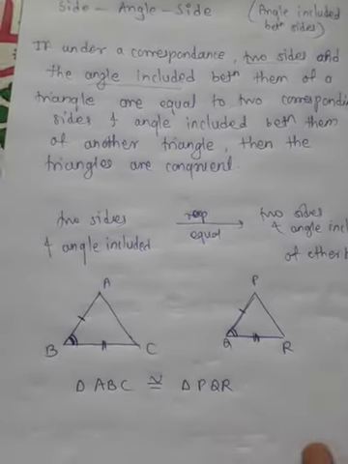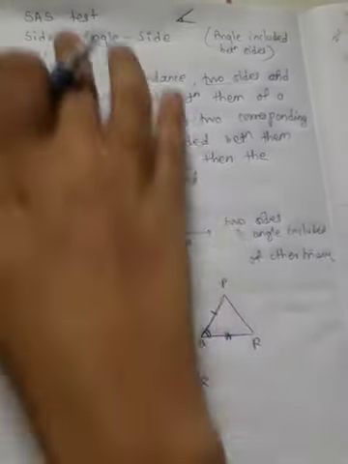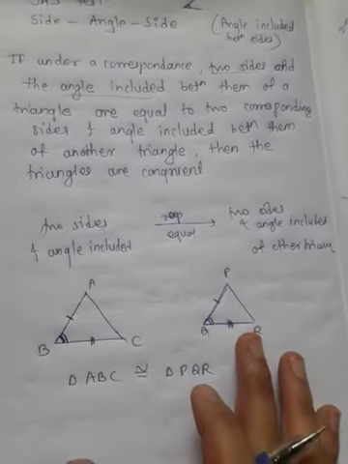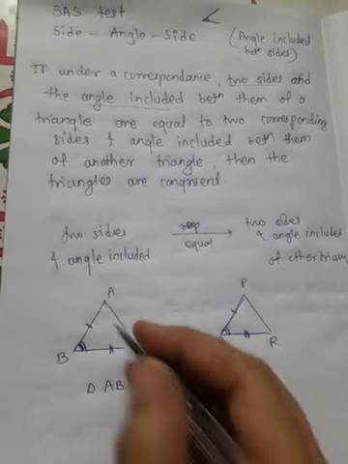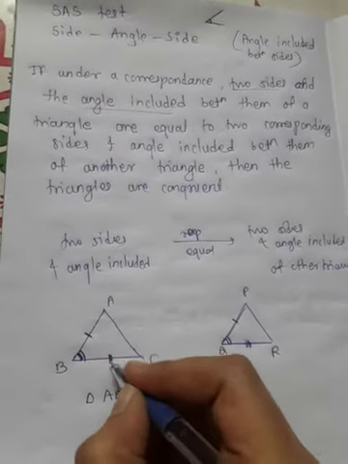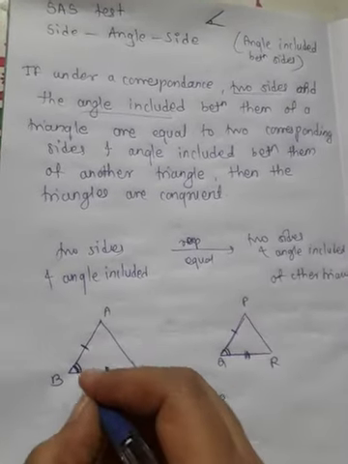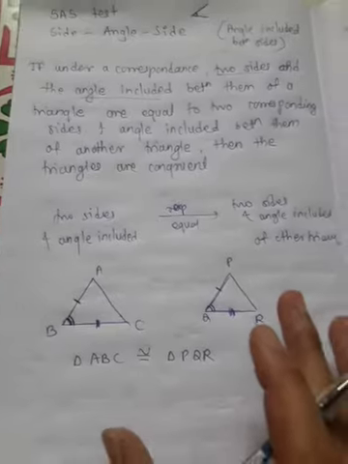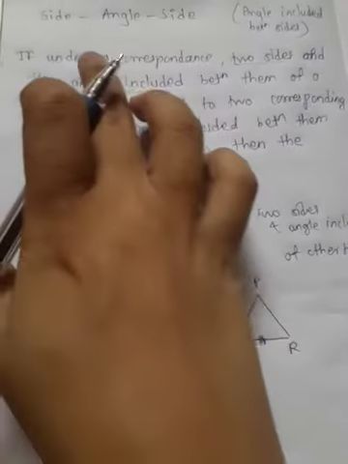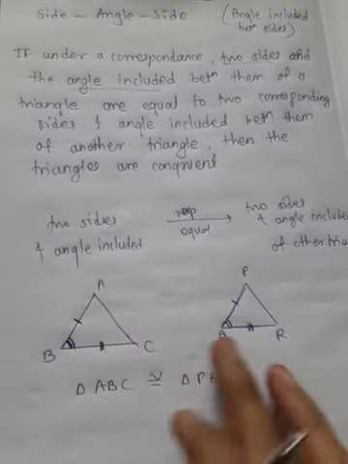So when we apply this test, you can observe whether the two sides of two triangles and the angle between them are equal or not. And if this happens, then by the SAS test two triangles are congruent.